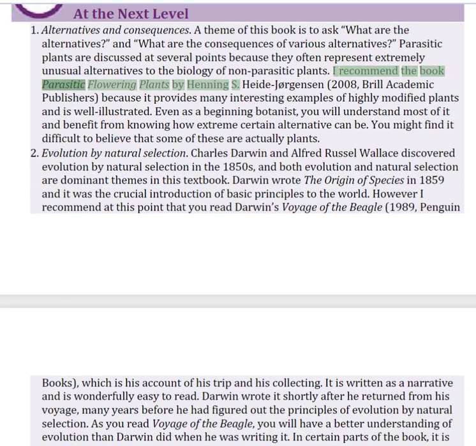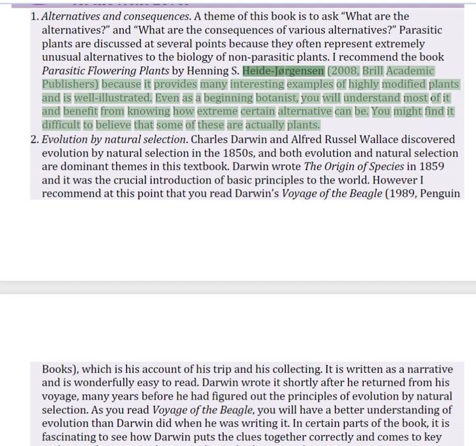I recommend the book Parasitic Flowering Plants by Henning S. Heide-Jørgensen because it provides many interesting examples of highly modified plants and is well illustrated. Even as a beginning botanist, you will understand most of it and benefit from knowing how extreme certain alternatives can be. You might find it difficult to believe that some of these are actually plants.